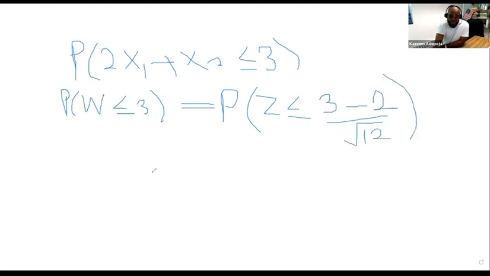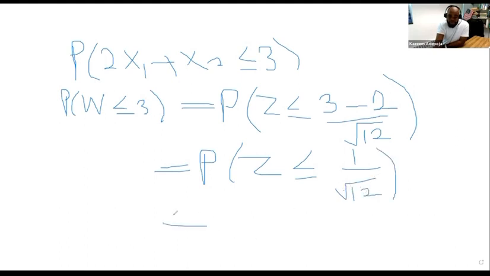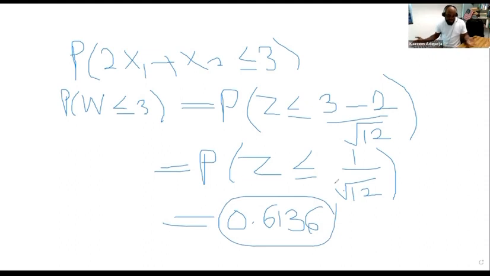So this is less than or equal to 1 over the square root of 12. By the time you check that off from the normal table, you're going to get 0.6136. That is the probability. So you can see what we did now: we used the idea of a joint normal density to be able to figure this out.